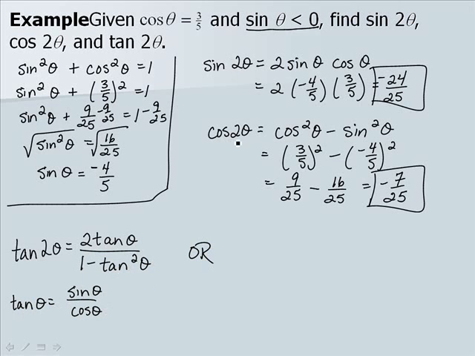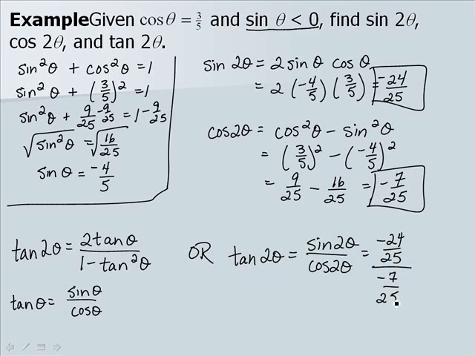Since we found the sine and cosine of 2 theta, we can just leave tangent of 2 theta as sine 2 theta over cosine 2 theta. So we have negative 24/25 divided by negative 7/25, which means basically we're multiplying by 25 over negative 7. So we end up with positive 24/7.